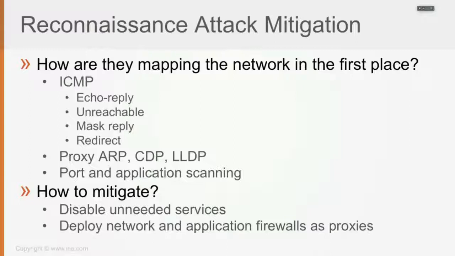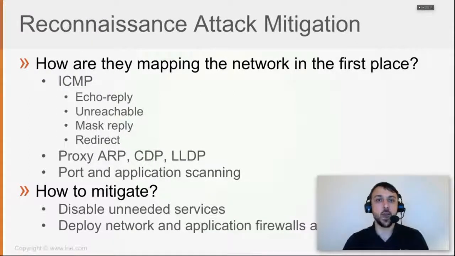Why do you also need application firewalls? Because if you have the web service publicly available towards the internet, then when you connect to it, the server is going to state, hello world, I am running on Apache 2.0. But if you implement a web application firewall in front of the web service, then that firewall is going to intercept that application scanning from the attacker, and can either choose not to reply at all, or if it chooses to reply, it can state nothing.